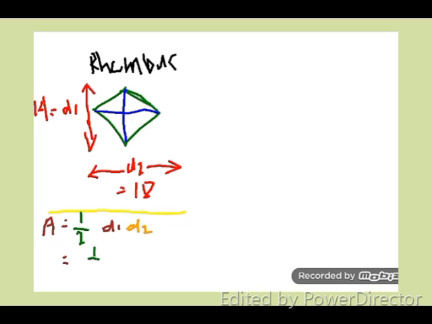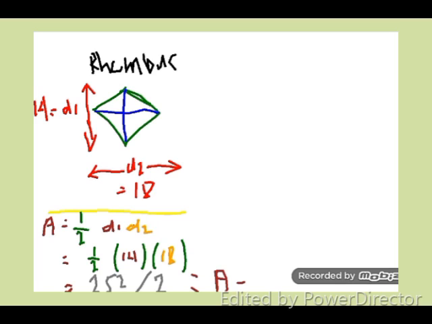And substitute the given value. 1/2 times 14 times 18. 14 times 18 is equal to 252 over 2. 252 over 2 is equal to 126, and that's the area.